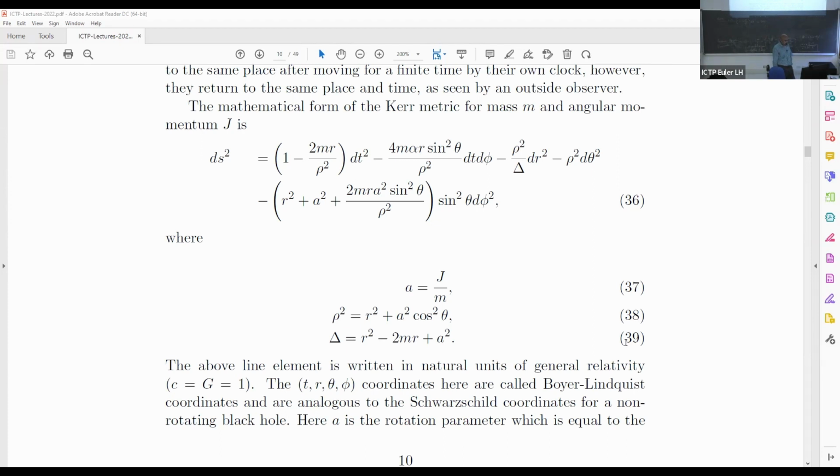This should not be alpha; this is a. And now you see for the first time that there is a cross term appearing.